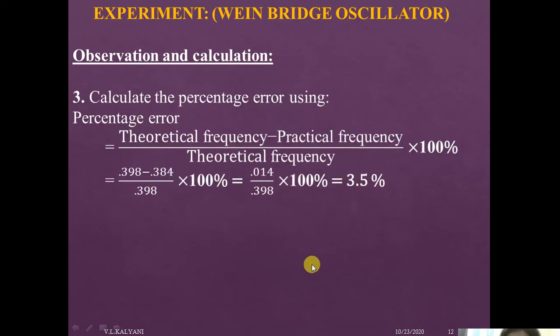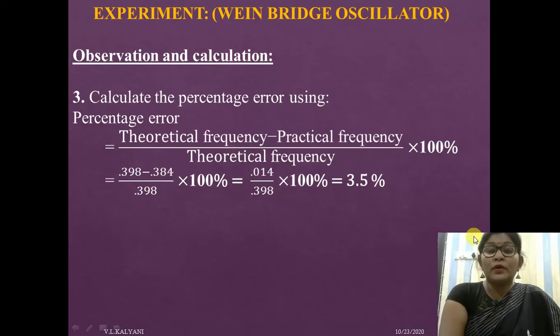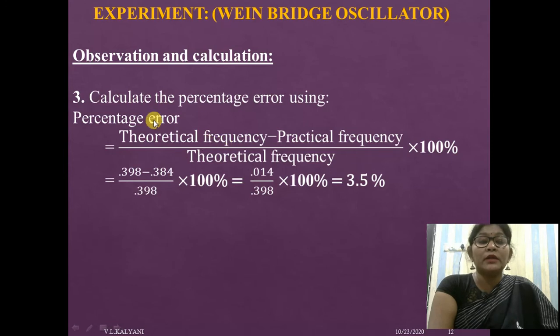So according to these frequencies, you can calculate the percentage error. To calculate the percentage error, you can use this formula: theoretical frequency minus practical frequency upon theoretical frequency into 100%.